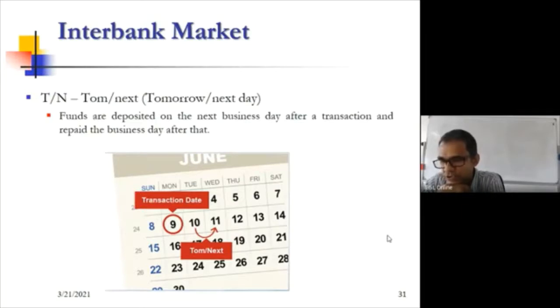So assume today you enter into a transaction to borrow on a Tom next basis at 5%. Tomorrow you borrow funds and pay 5% interest, and repay the borrowed amount and the interest on the second day, 2 days after today.